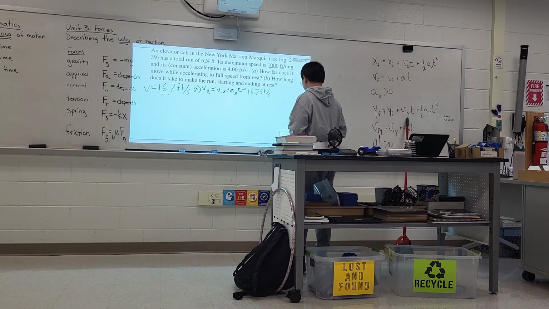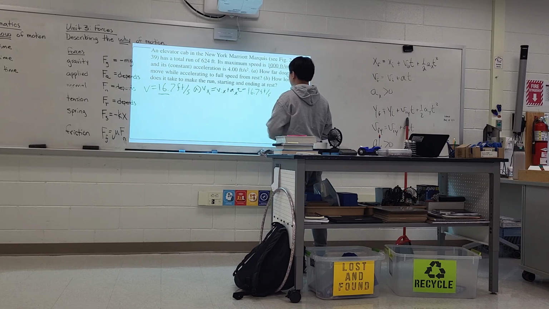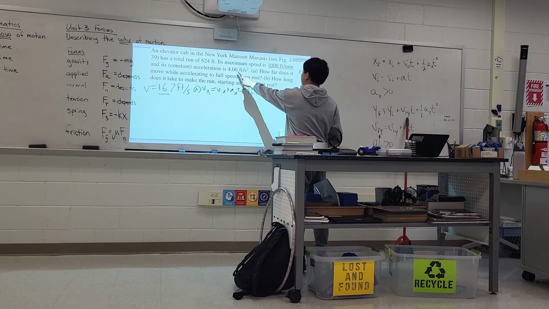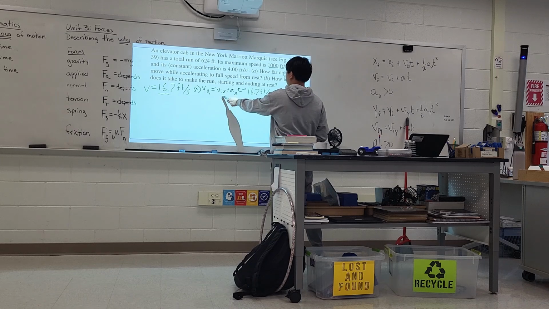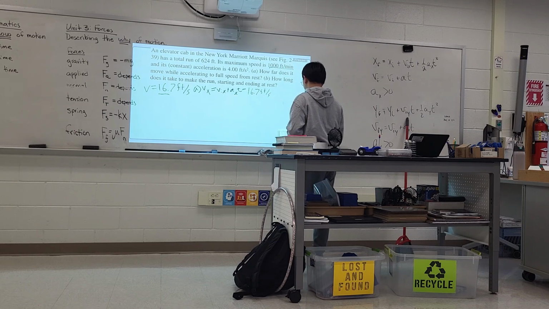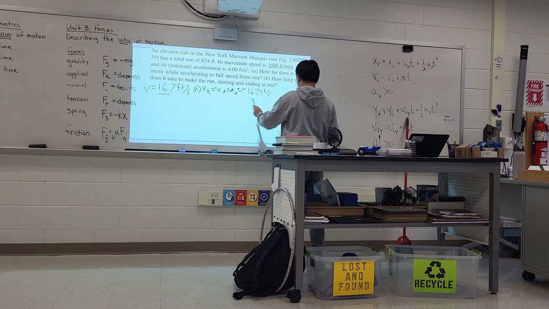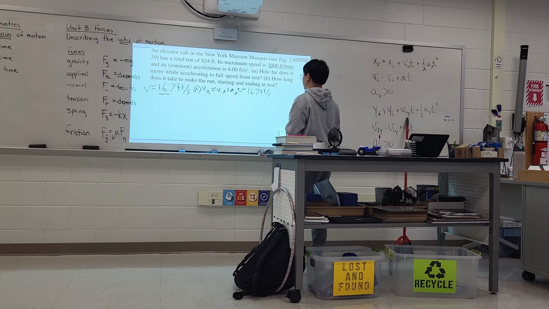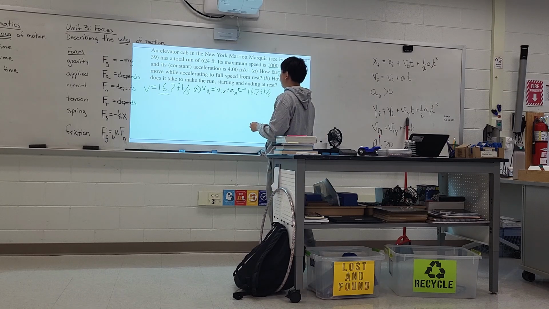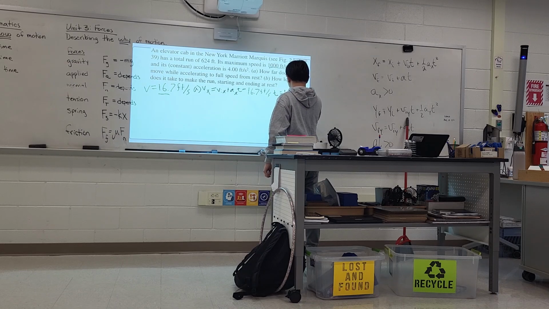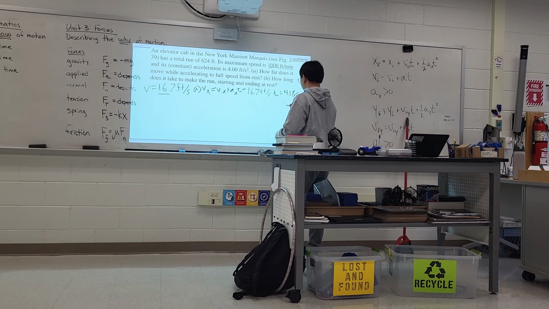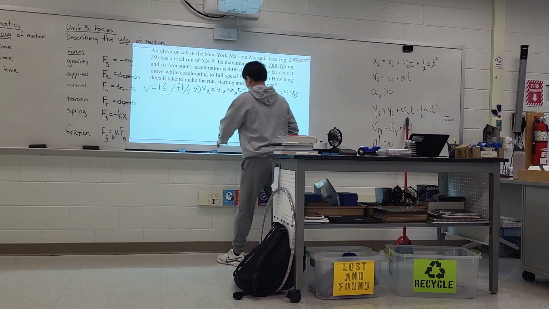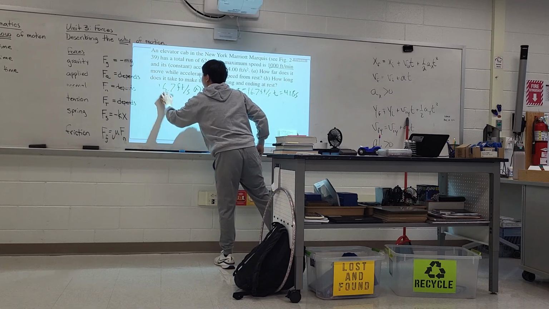So we just plug it in. Acceleration is 4, and we're looking for time. We know velocity initial x should be 0. So t equals 16.7 divided by 4, so t equals 4.18 seconds.